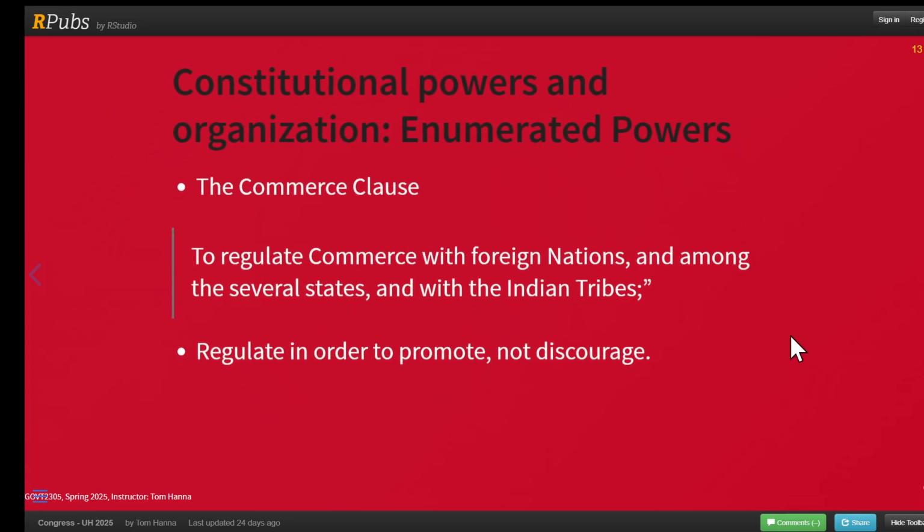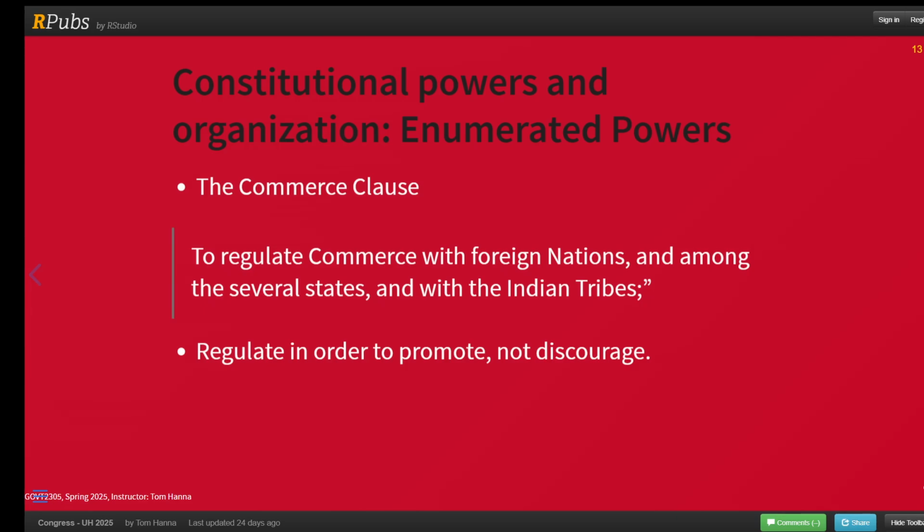Now, the next one is actually one where the word regulate is used, and this is the Commerce Clause, which is probably the most important clause in the enumerated powers of Congress, except possibly the power to declare war.